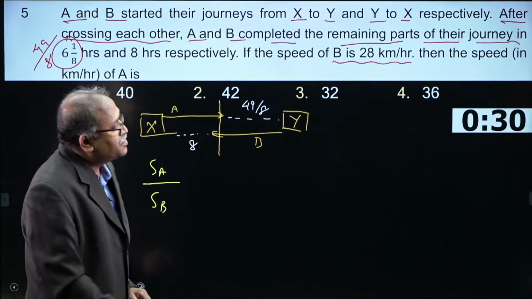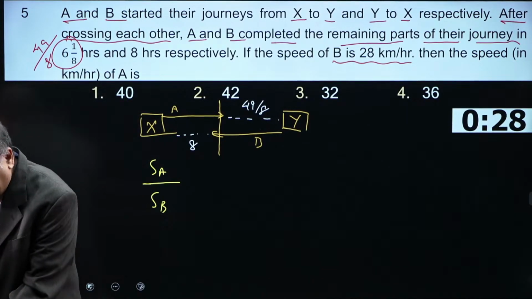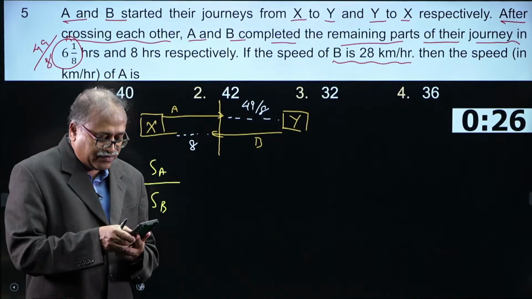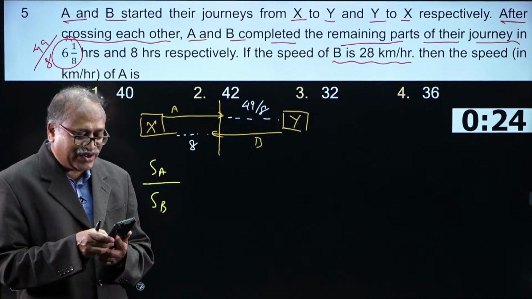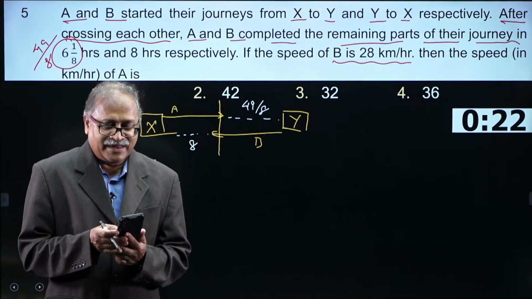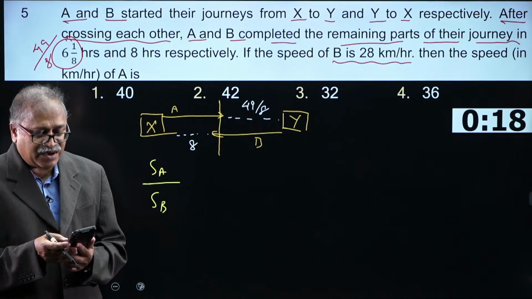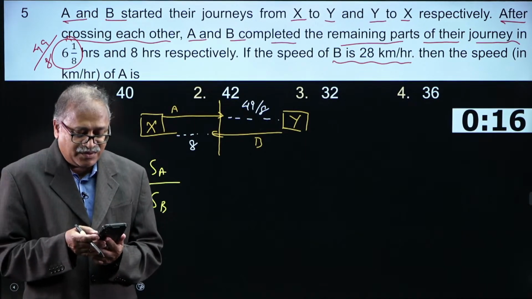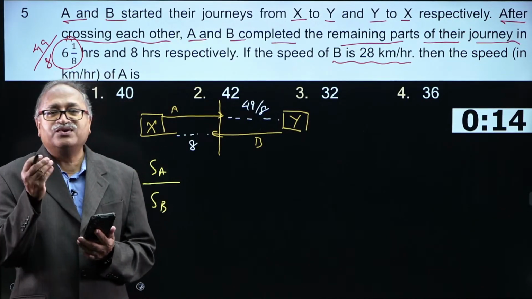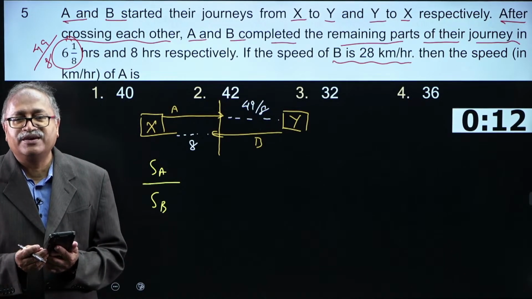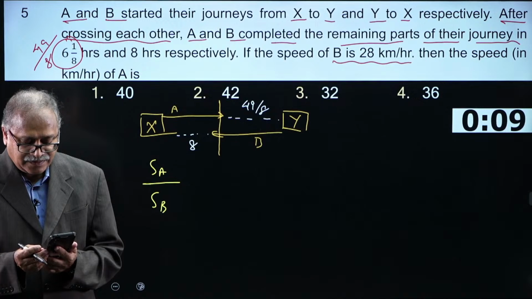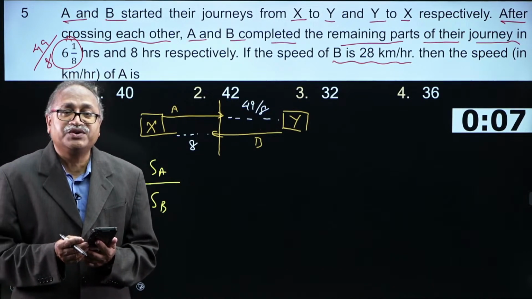Now, take this 30 seconds, and I am very happy that Sheikh Abdullah has joined. Come on, my dear friends, some of you will definitely be able to answer the question, because you know there is a short formula over here. Speed ratio.